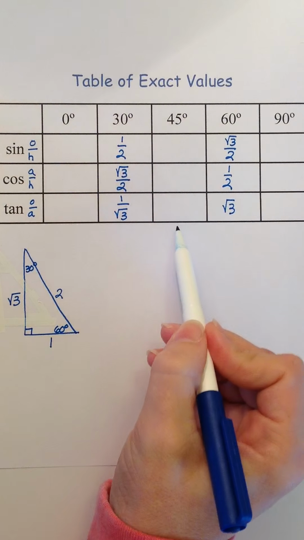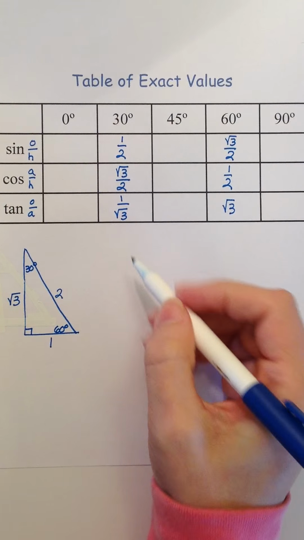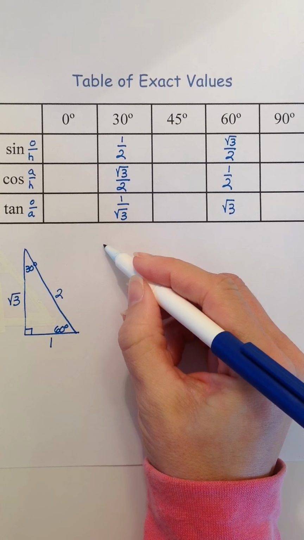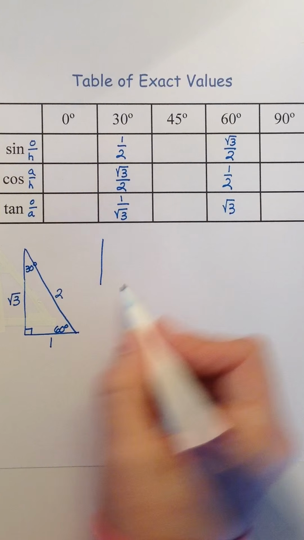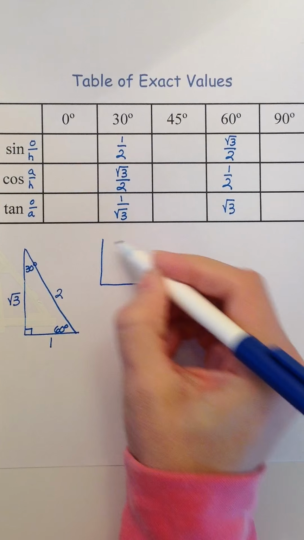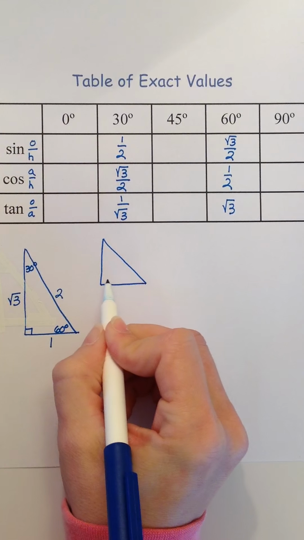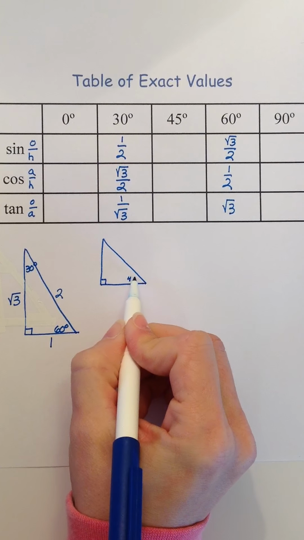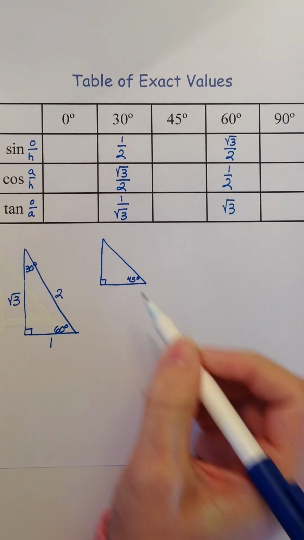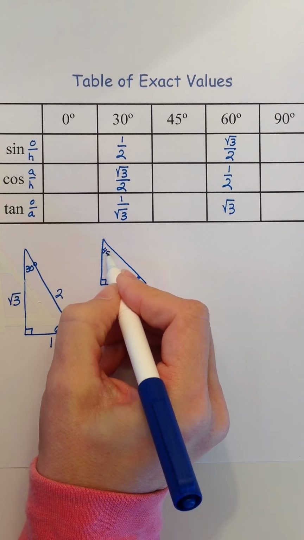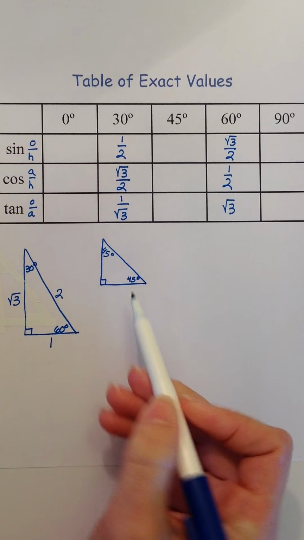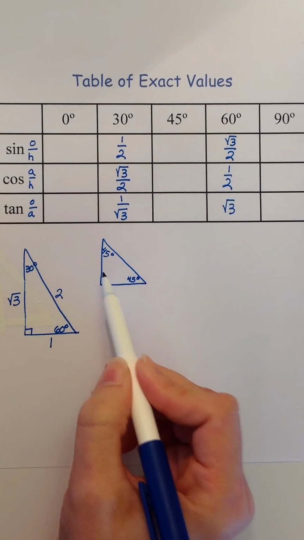Next, I'm going to fill in the 45 degree column. That's going to come from the 45-45-90 triangle. Of course, each of these angles is 45 degrees, and this is isosceles.